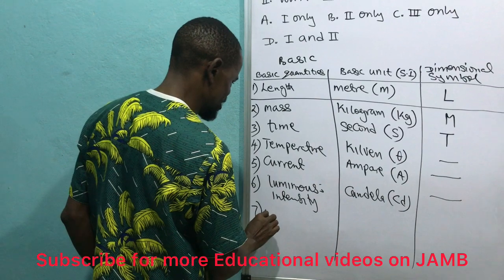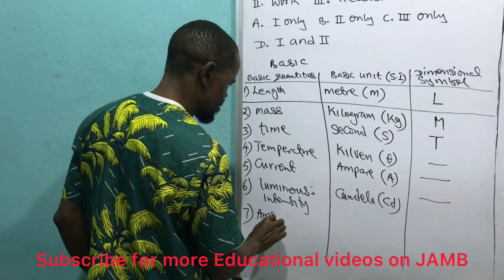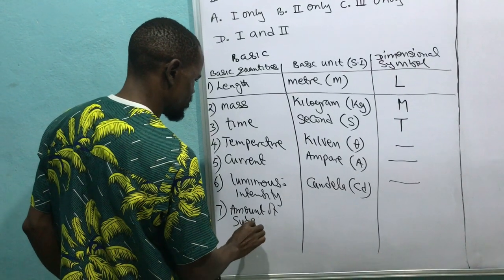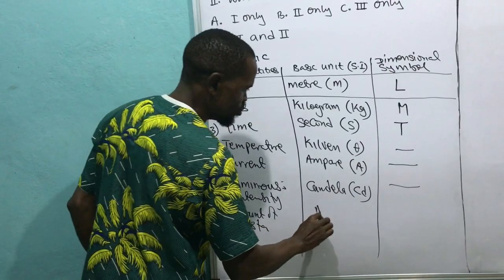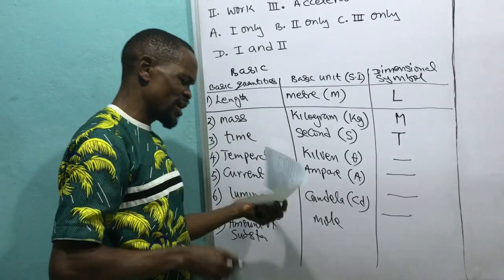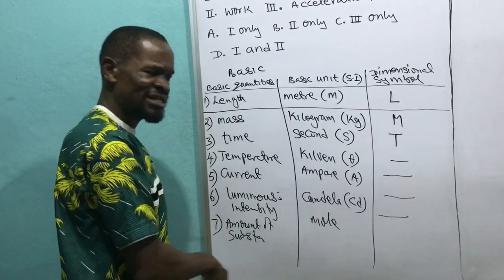Number 7 is amount of substance. The unit is the mole. These are the basic units we have. There are 7 in number, as I mentioned.